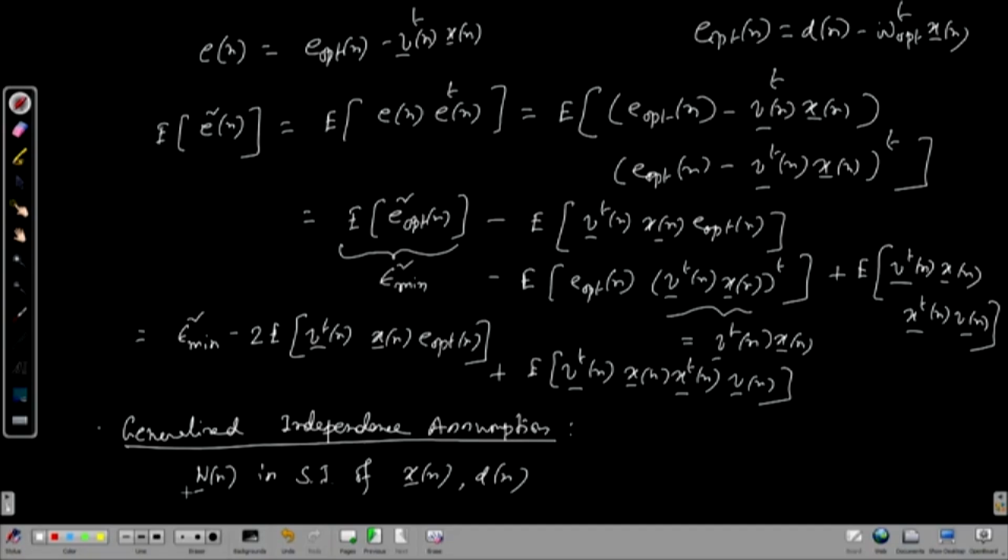That is why you can say W n is statistically independent of this. If you do not understand, go back to my lecture on LMS convergence analysis, where I explained what is meant by the independence assumption. It is just this, except that at that time W n was assumed independent of x n, and now d n has been brought into it.